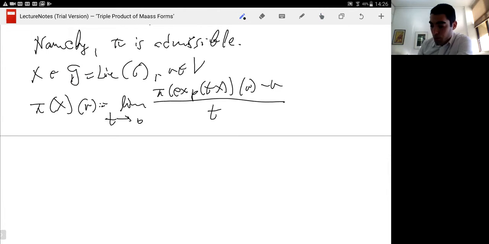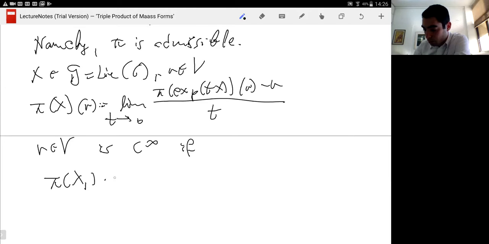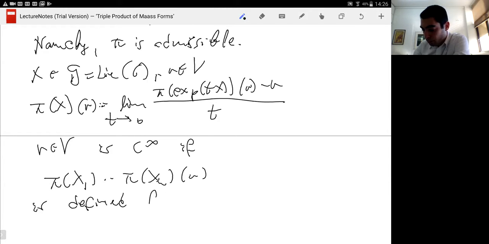But this attempt gives rise to the following definition: a vector v in V is C infinity if this iteration of this limit is defined for all elements of the Lie algebra.